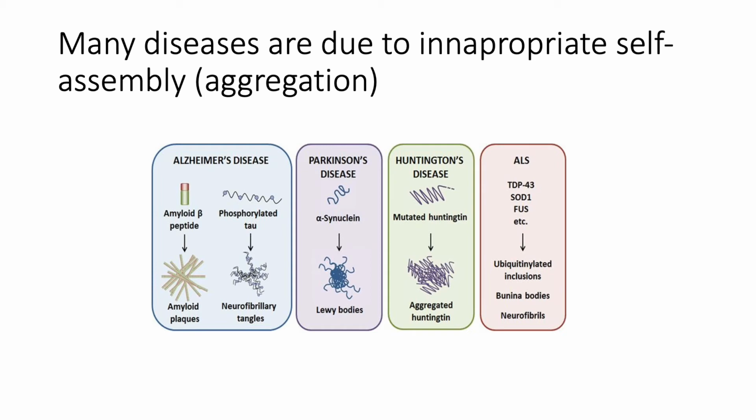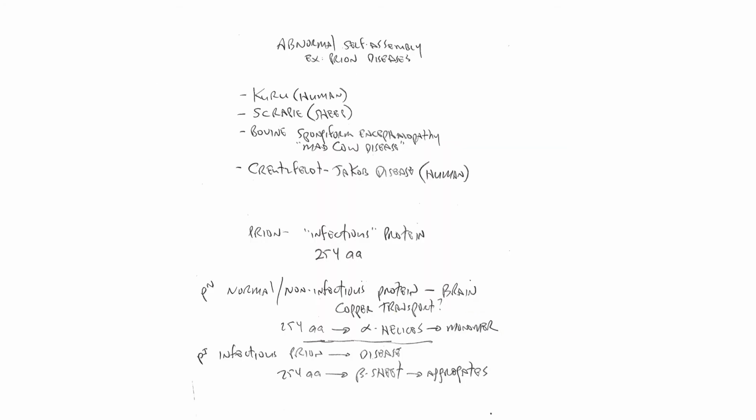repercussions. Now, I want to tell you another example of abnormal protein self-assembly, and I want to talk to you a little bit about what are called prion diseases, because this turns out to be a really fascinating story and very interesting and medically significant. So here we're again talking about abnormal self-assembly of proteins, and the proteins that I'm talking about are called prions.